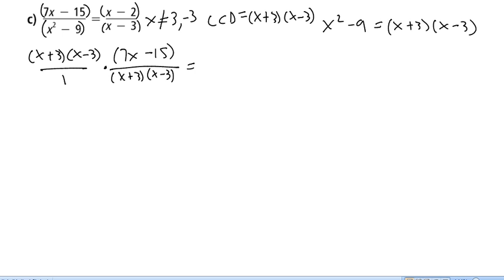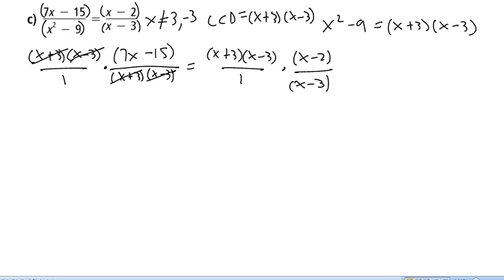And that's going to equal, and on our left side now, x plus 3 over x plus 3 will equal 1 because x can't be negative 3. X minus 3 over x minus 3 will be 1 because x can't equal 3.